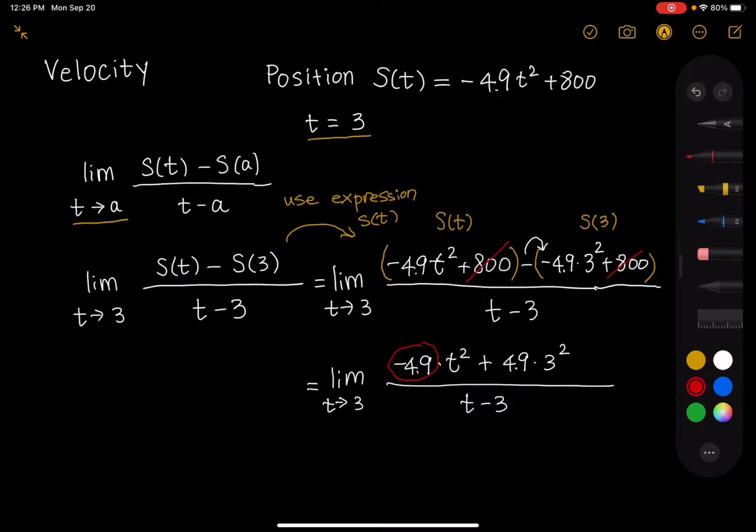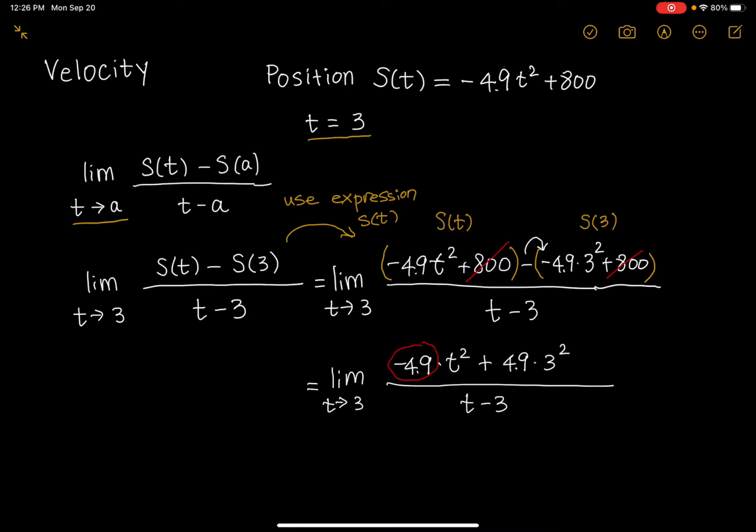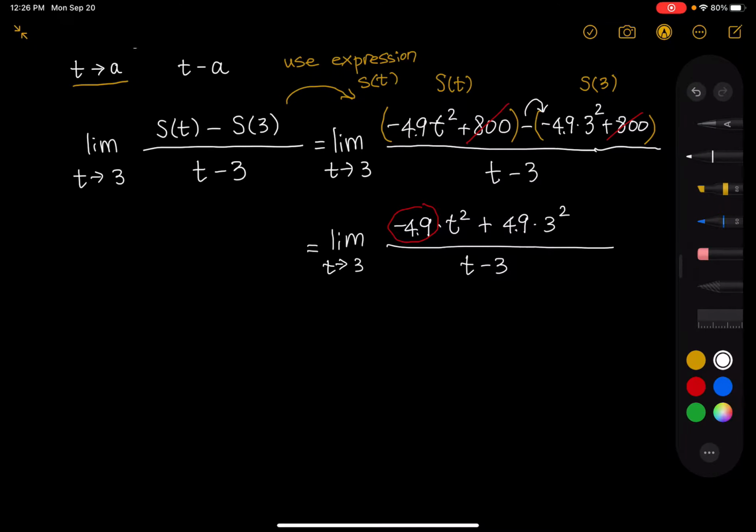So the usual technique is we factor it out. So we factor out limit t goes to 3, negative 4.9. What we have left inside is t squared. Now when you factor out negative 4.9, you get subtract 3 squared inside. Then you have t minus 3.